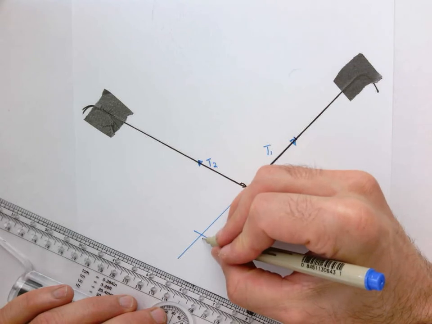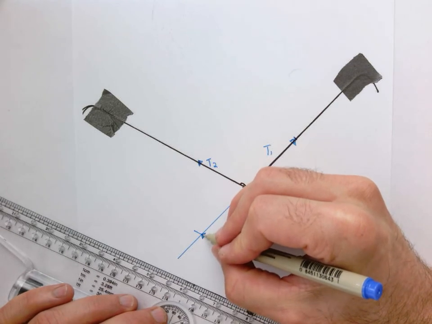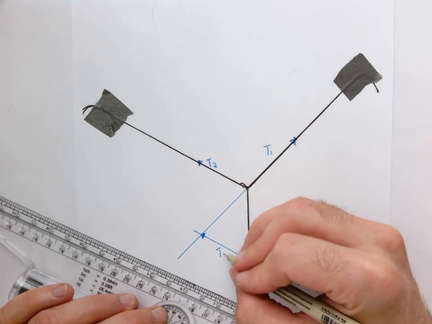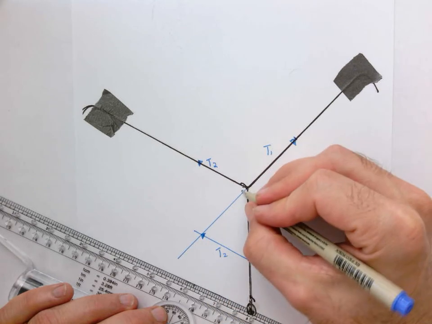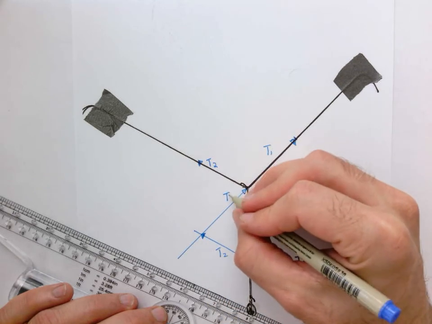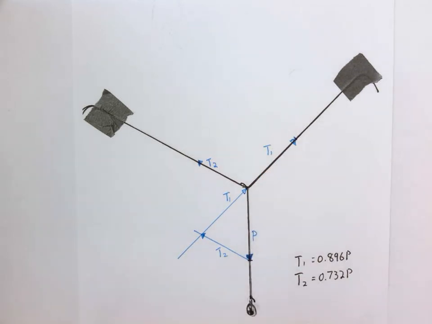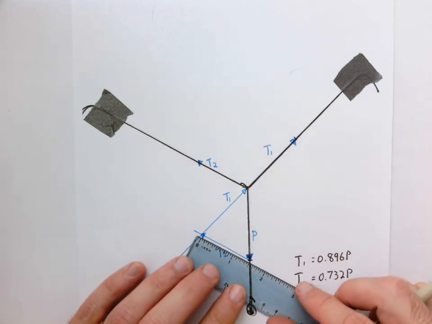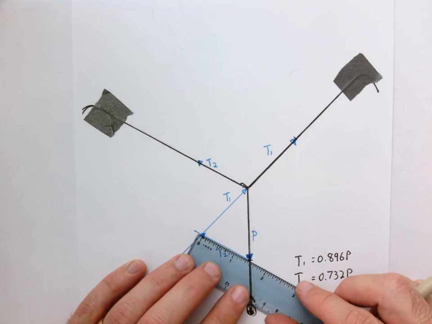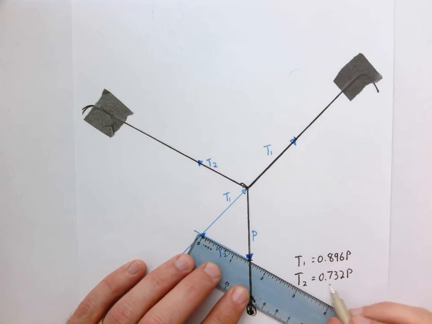And so what that means is this vector here needs to be T2, and this vector here needs to be T1. Now I can take my measurement and confirm that this vector here is a little bit under 1.5 inches, meaning that when my load P is 2 inches, I have this relationship here.